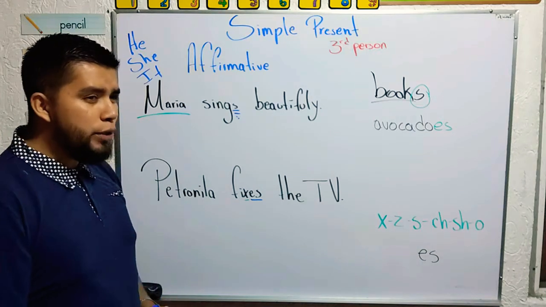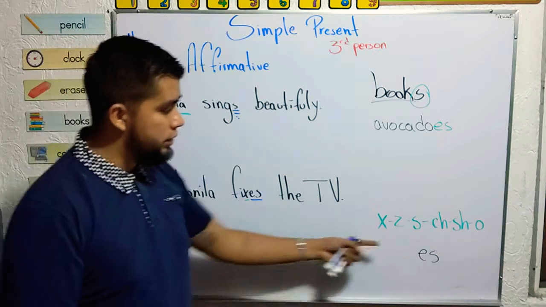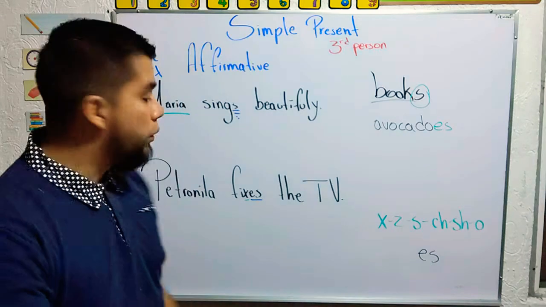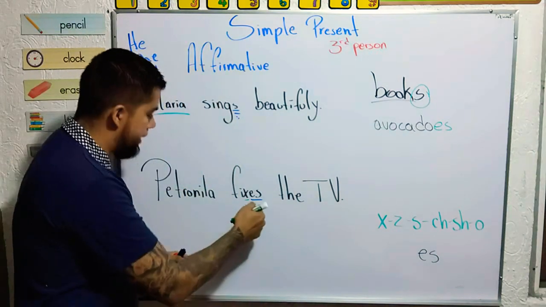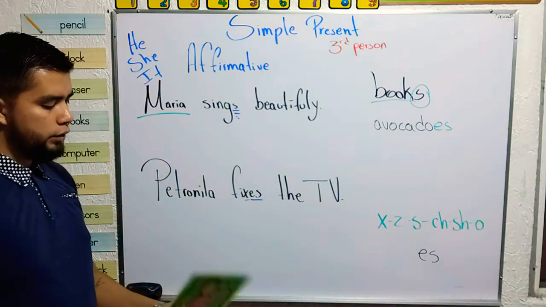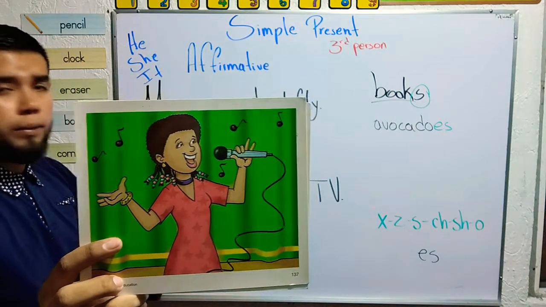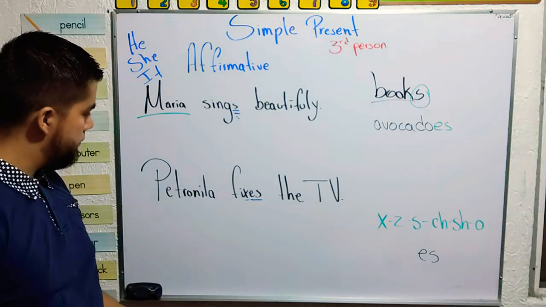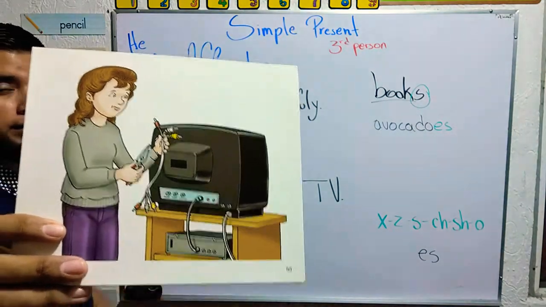Now, what's going to happen when we have verbs with termination x, z, s, ch, sh, or o? Well, we're going to add es. Not only one s, es. For example, in the first sentence, Maria sings beautifully. And in the second one, Petronila fixes the TV.